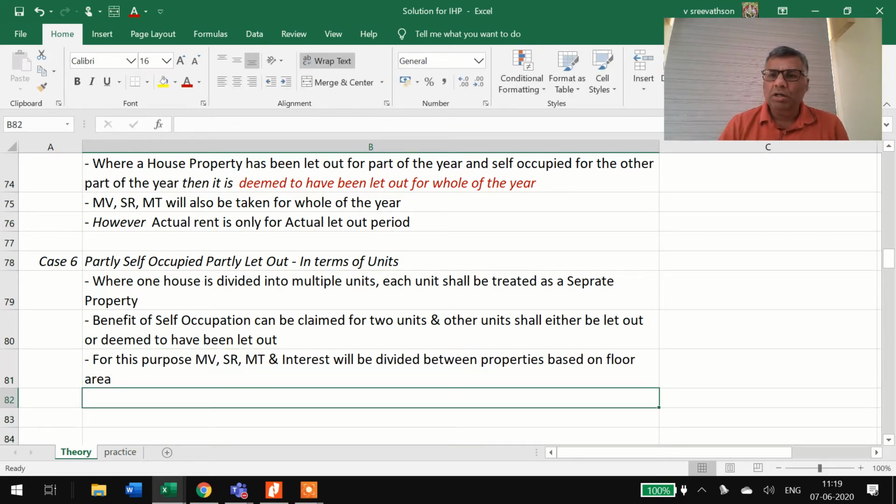Popularly we call it plinth area, that is nothing but floor area.